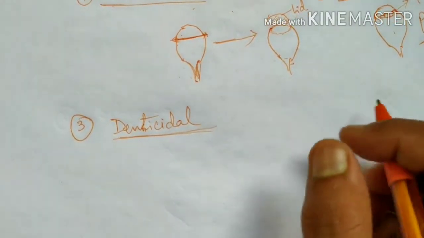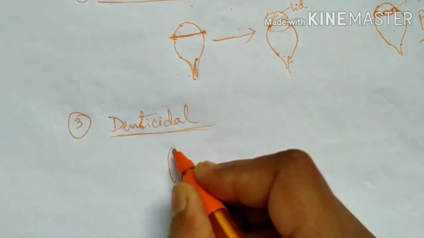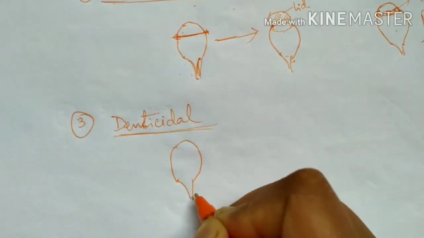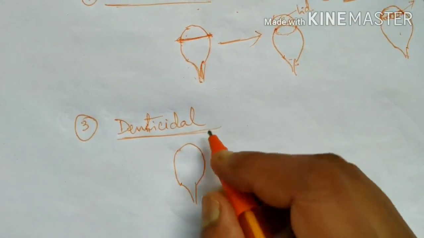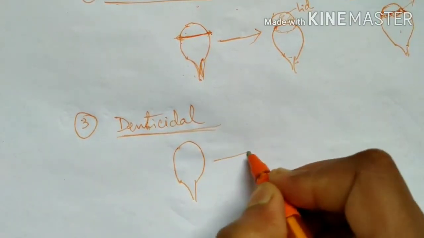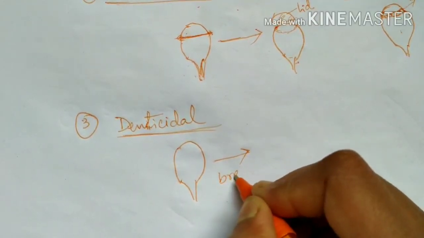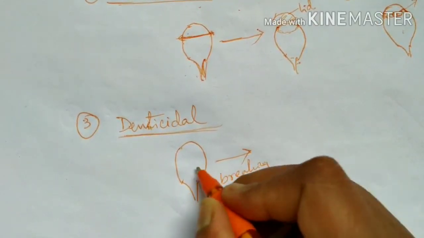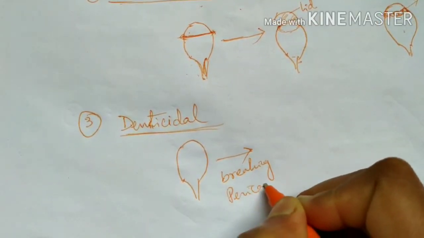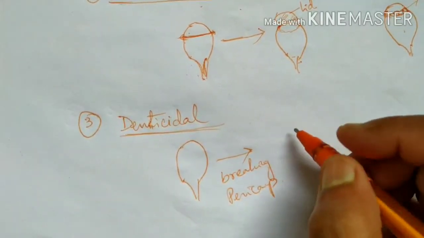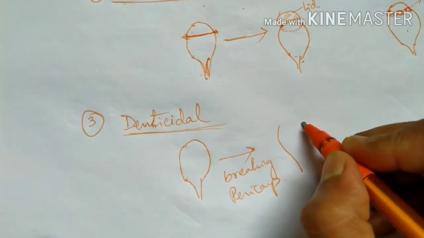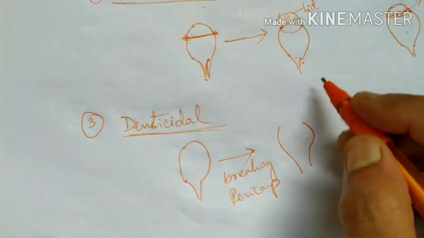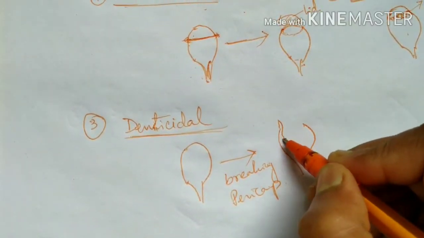So this is a fruit and its top portion breaks, okay, after breaking of its pericarp, the top portion looks like a teeth-like structure.